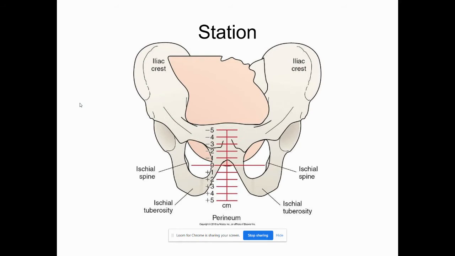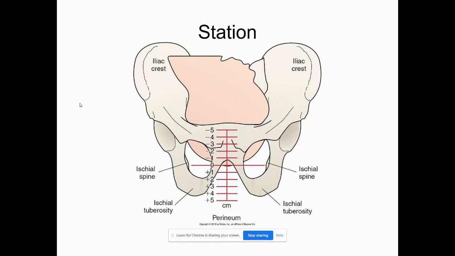So, for instance, when we say that the baby's in cephalic position, presenting part is -1 station, you can see by this diagram that the baby's head, in this case the presenting part, is 1 centimeter above, closer to the cervix, that is, the mom.